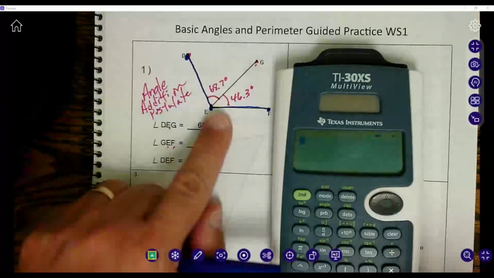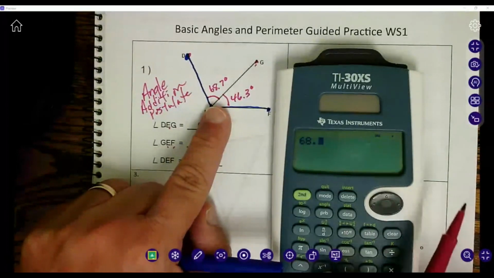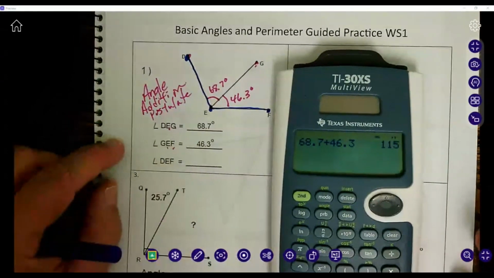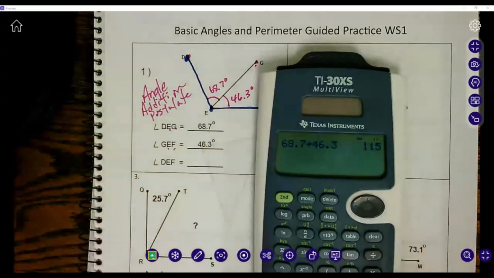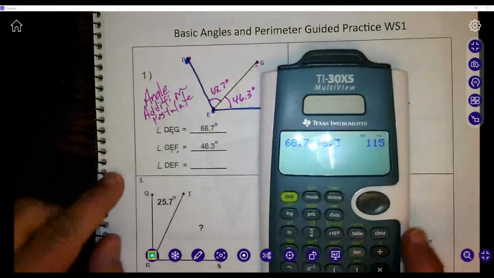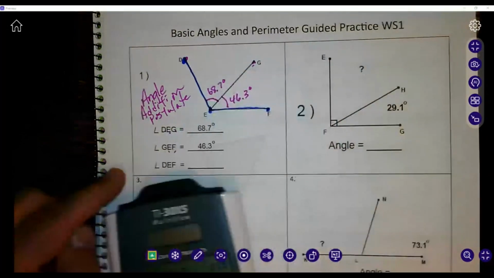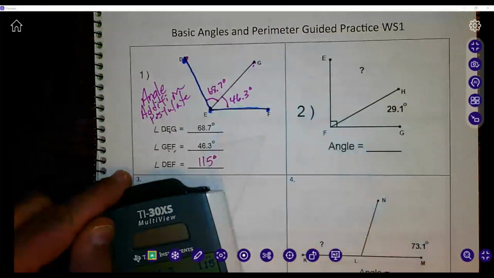So we can use our calculator. We take 68.7 and we add 46.3 and we get 115 degrees. Okay, do I need my light on? Let's see if that helps. Okay, so I punched that in my calculator. I got 115 degrees.